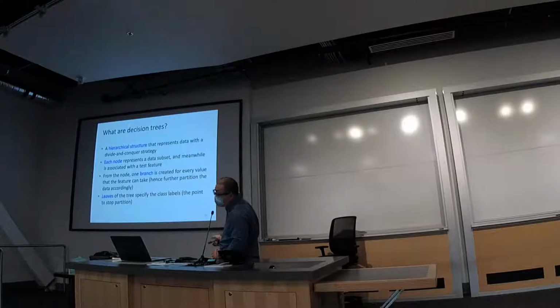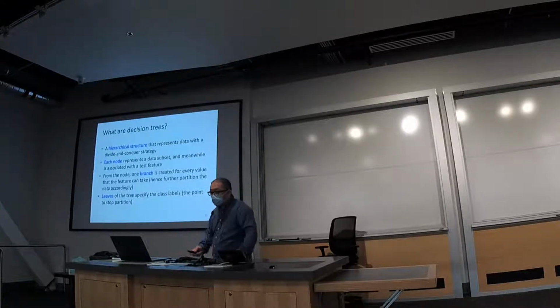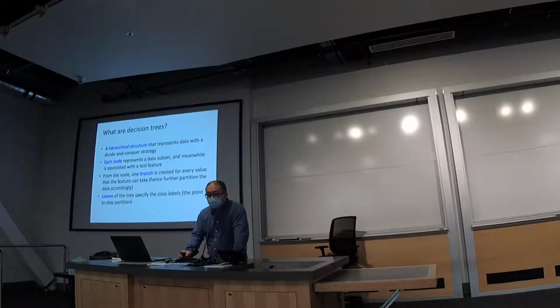simultaneously associated with a test feature. So why do we associate a test feature with each node? Because we're going to use that feature to further partition the data set, to grow new branches and new child nodes, until we reach the leaves of the tree. So what is a leaf node? In most cases, a leaf node indicates a subset of examples that share the same label, meaning that all the examples in this subset have the same label.